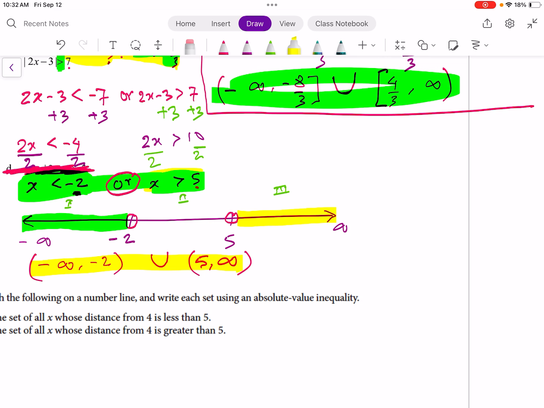Any question? Now let's do our number D. Okay, now can you read what we had in number D?